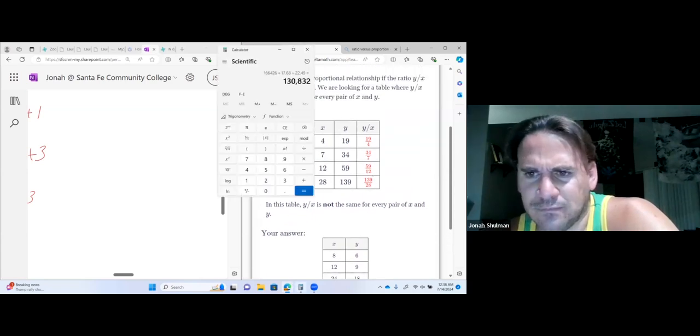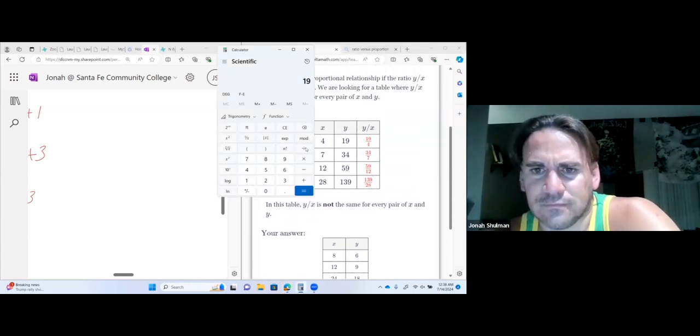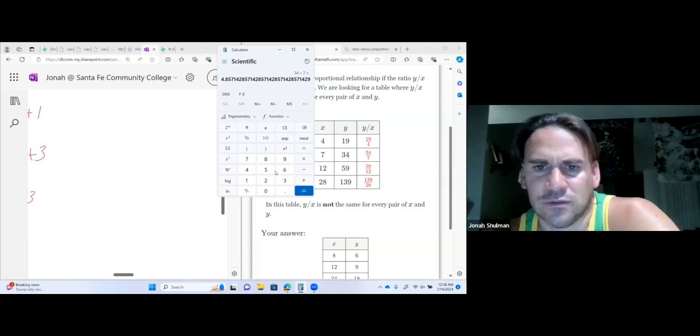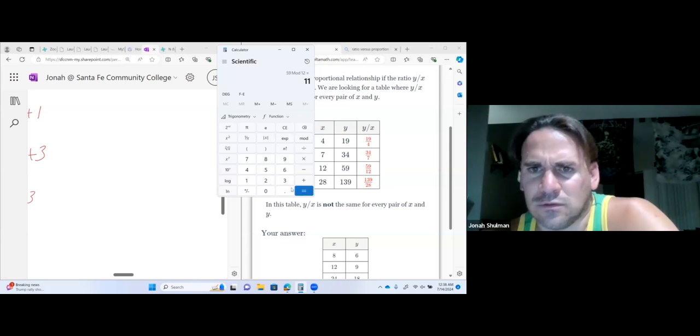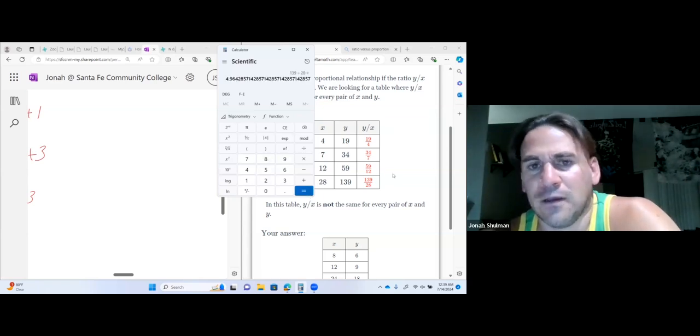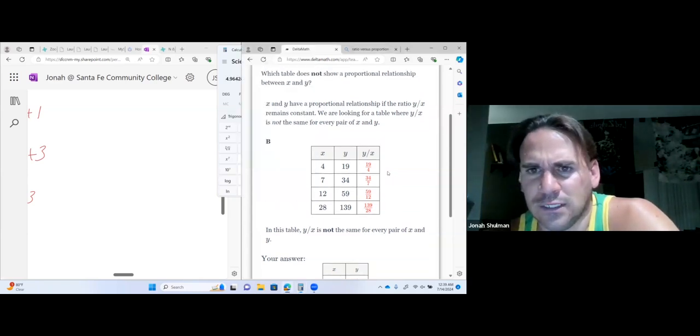So these are all the same. I guess it has to be the same every way. Yeah, it is. Crazy. So you have to divide them all and see which one matches. Oh, sorry, 59 divided by 12. 139 over 28. Yeah. Okay, I'll take it.